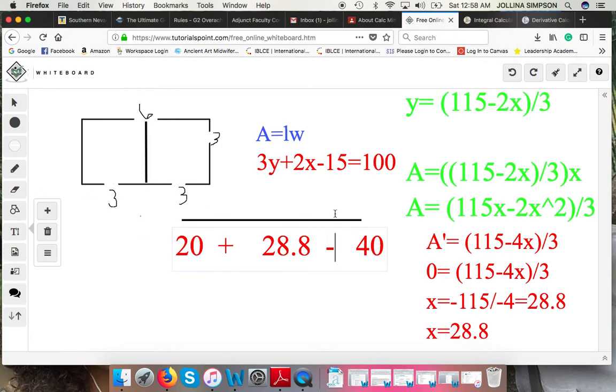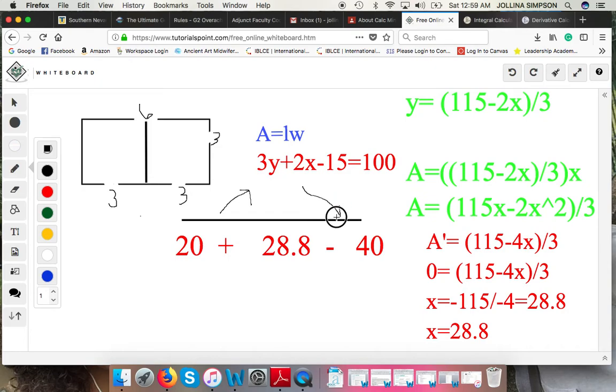And so what that would look like would be an arrow going up in this direction. So we have the function going up. And then on the other side we have it going down.